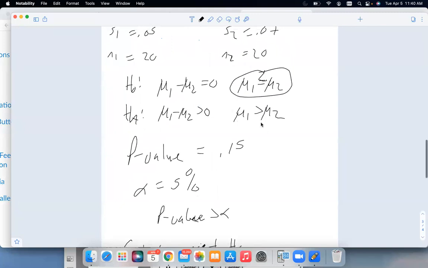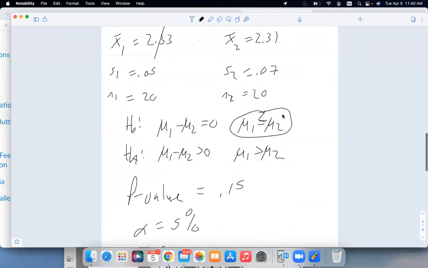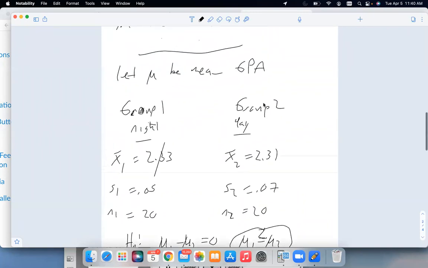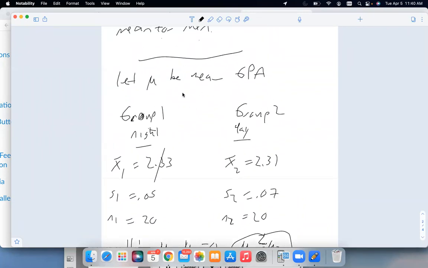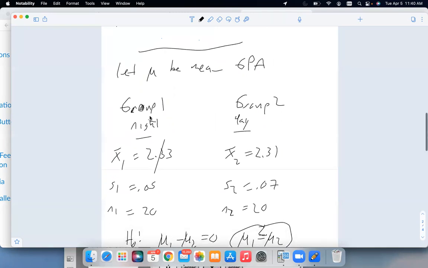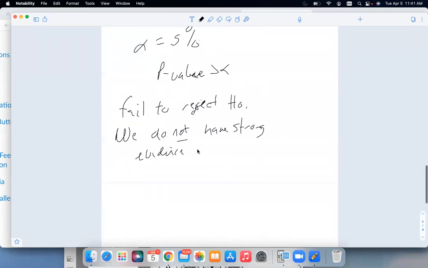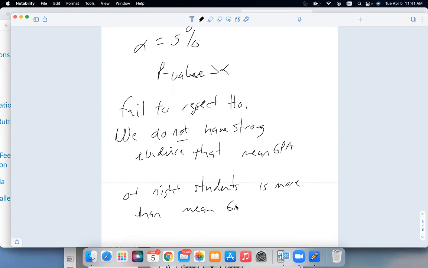That this line, mu1 is bigger than mu2. Well, what did mu1 stand for? Oh, it's a good thing I wrote this down. The mean GPA of group 1. We do not have strong evidence that the mean GPA of night students is greater than, or I could say is more than, the mean GPA of day students.